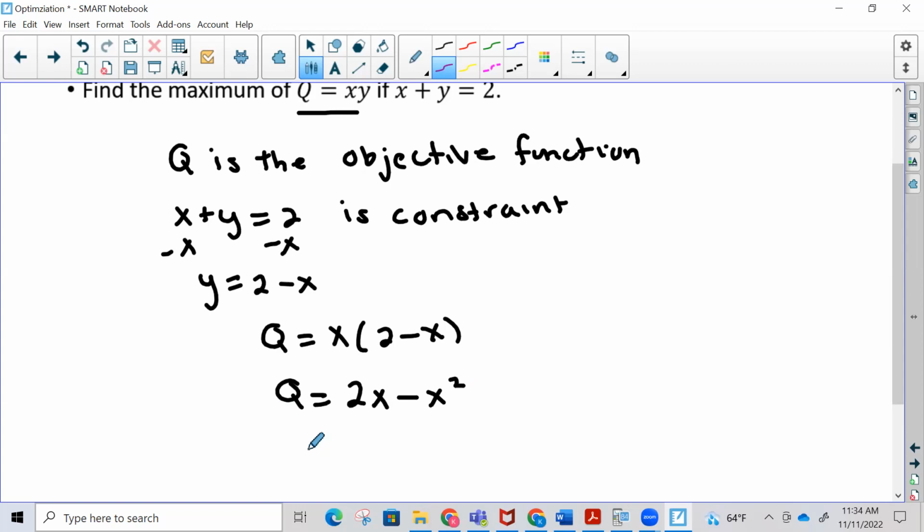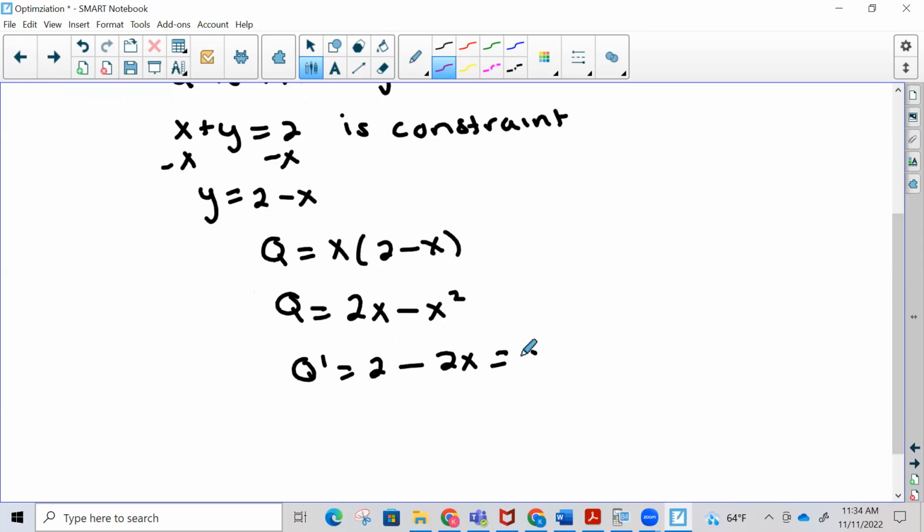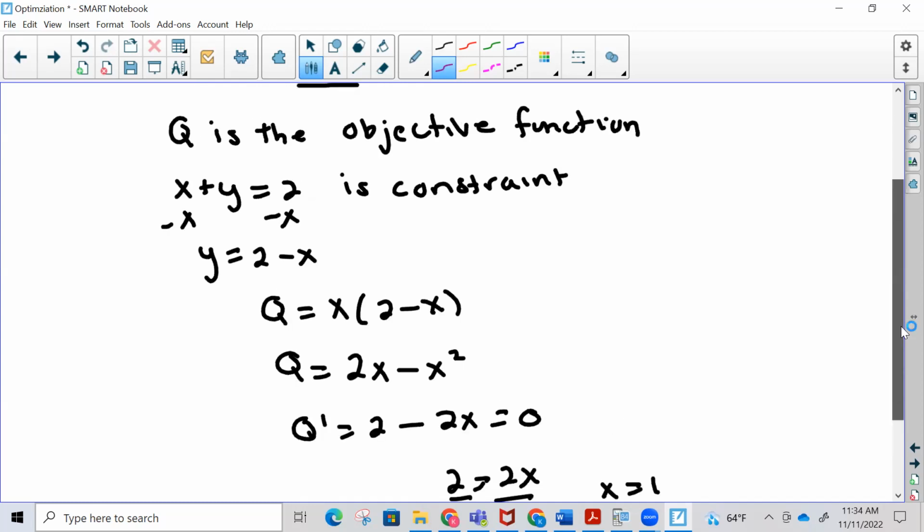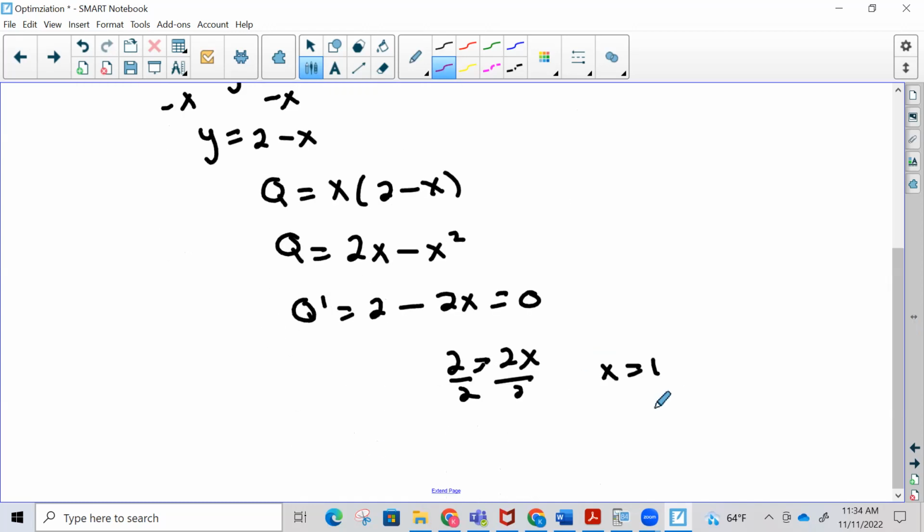So we do our optimization process, which again is where we take the derivative. We set the derivative equal to 0. And we solve for our variable. So if I solve this, I'm going to add 2x to the other side, divide by 2, and I get x equals 1. So this most likely is my max. I'm going to verify it's a max by doing that second derivative test.